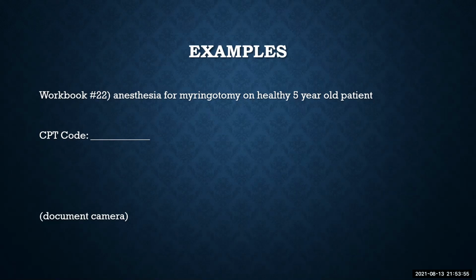If you did not know that, that's totally fine. You would just need to look this up in your medical dictionary, or do a little bit of research on myringotomy, because I'm pretty sure if you put myringotomy in, tympanotomy comes up, and if you put tympanotomy in, myringotomy comes up. They're fairly interchangeable terms, so that should help you when completing this one. So let's go to the actual manual so you can see what we're doing.